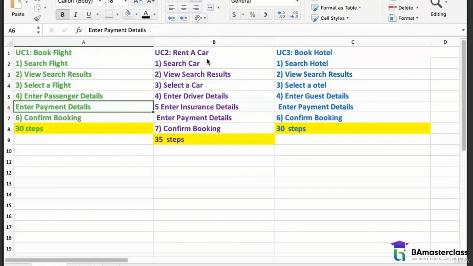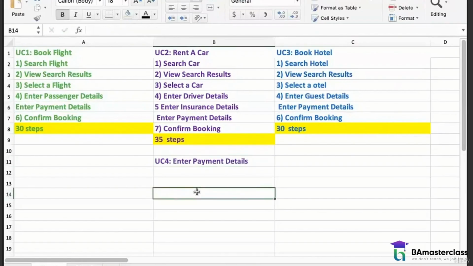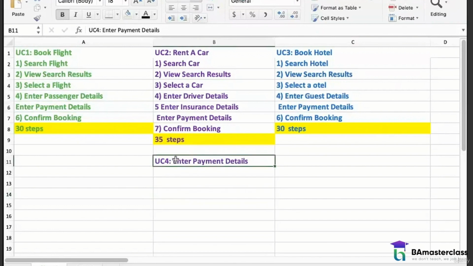Then rather than writing how you take payment again and again in all the three use cases, a smarter idea is you create a use case number 4 which says enter payment details. So you're trying to identify that there is a sub functionality which is the same here, here, and here. So I come up with a fourth use case called enter payment details.